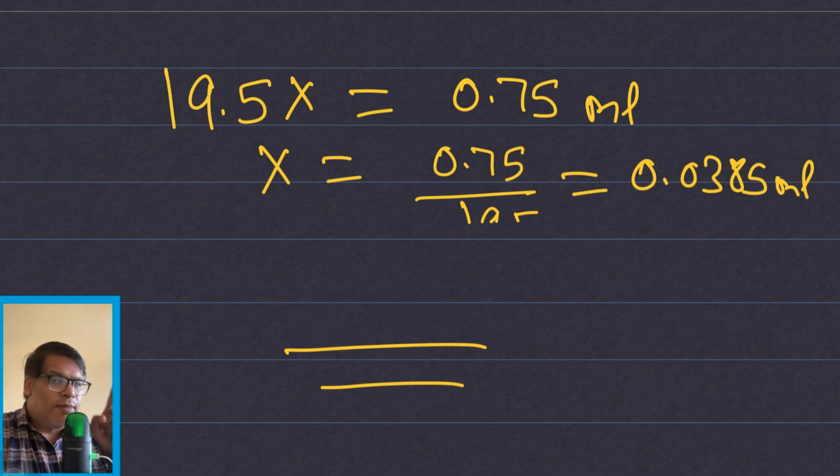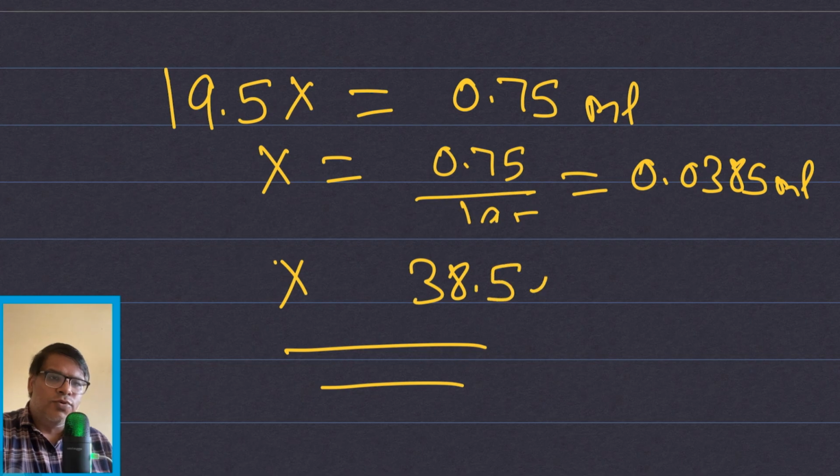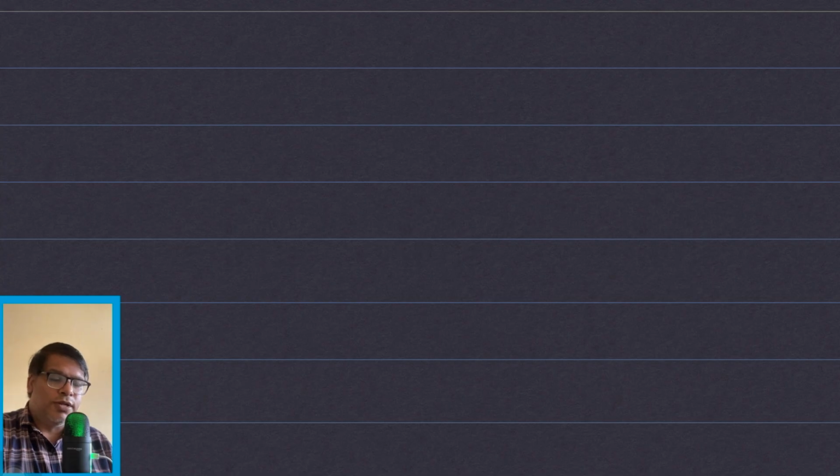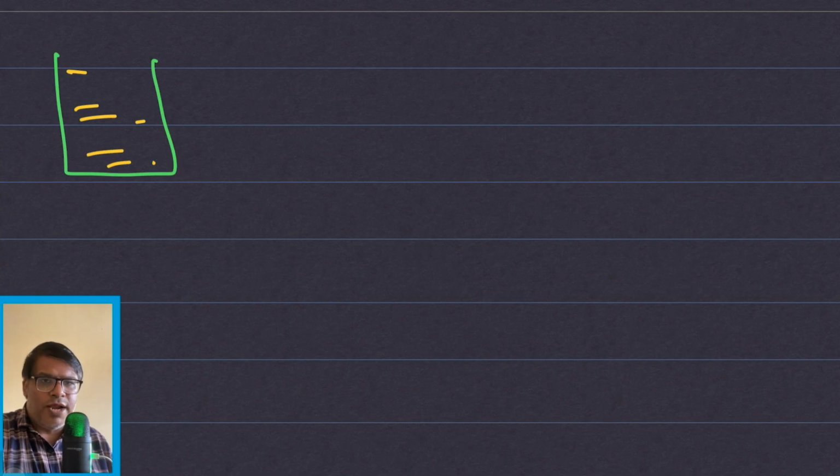Remember, 1 ml has 1000 microliters. So if you convert, 0.0385 ml is 38.5 microliters. Hopefully it is now clear in your mind.